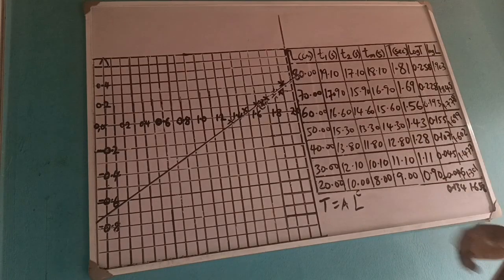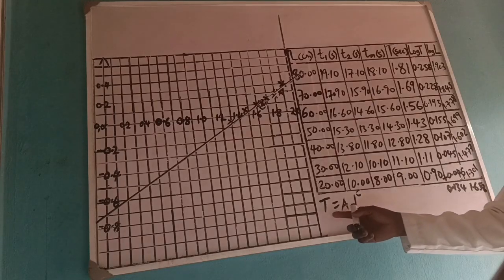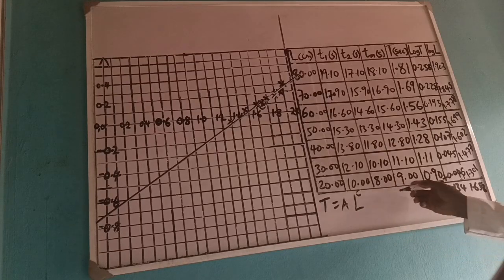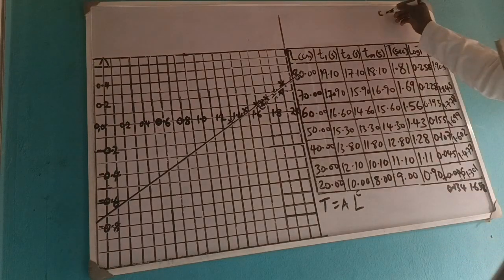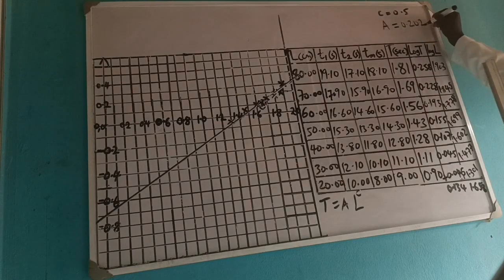That was the question. Now I want to see how to transform it so that we'll know what we are doing. In this equation, we said that this equation obeys the simple pendulum equation, where C theoretically is equal to 0.5 and A theoretically is equal to 0.202 seconds.